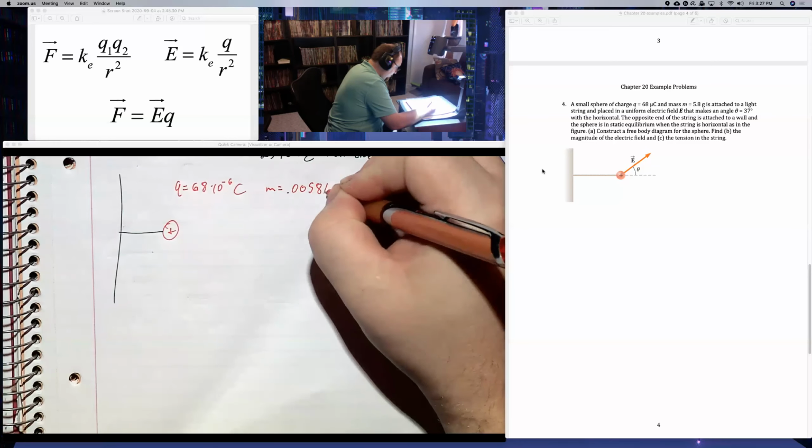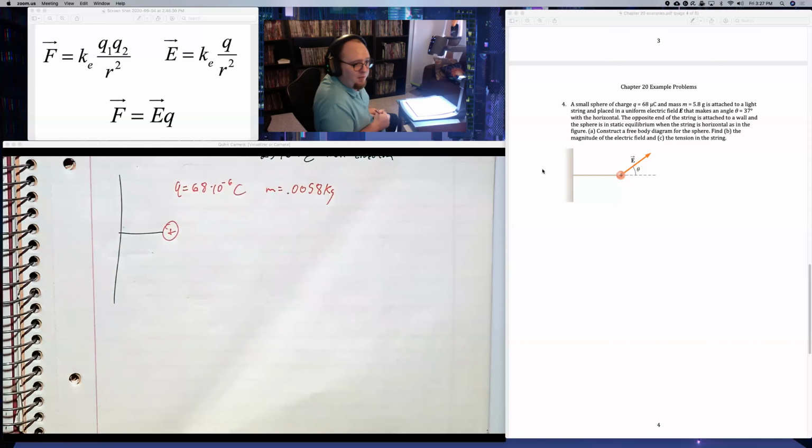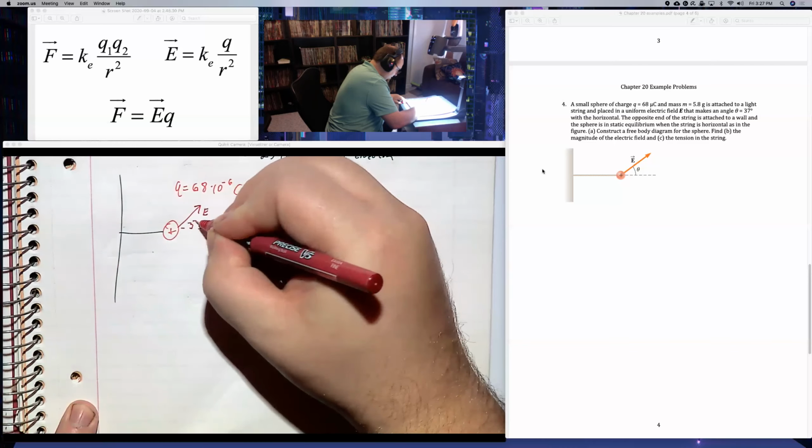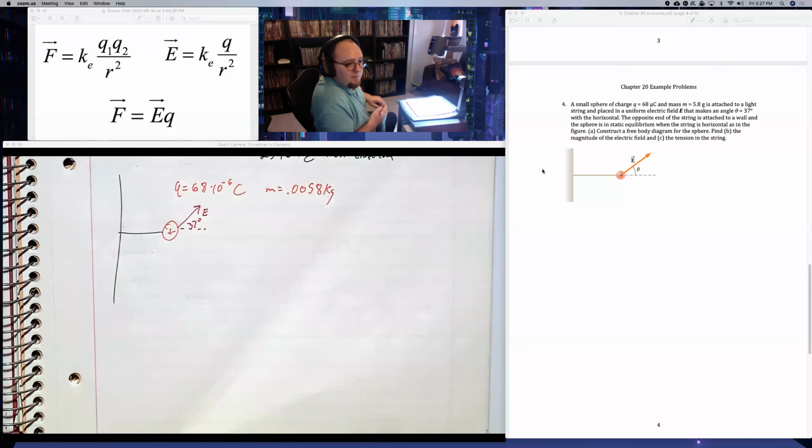I'm just converting these to kilograms and coulombs as I go. It's attached to a light string and placed in a uniform electric field E that makes an angle of 37 degrees with the horizontal. So my E is that way. The opposite end of the string is attached to a wall, and the sphere is in static equilibrium when the string is horizontal, as in the figure.